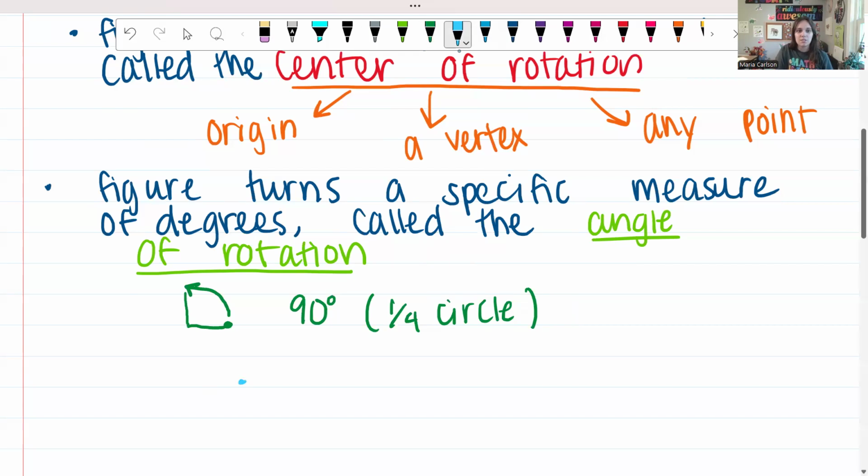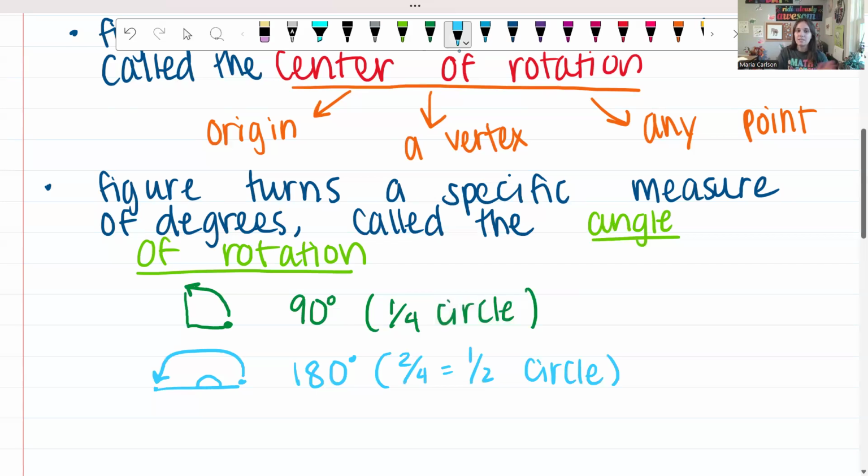So if your point spins 180 degrees, it has spun 2/4 or half of a circle. And this is the same whether you go clockwise or counterclockwise. You're going to end up at the same spot. 90 degrees clockwise versus 90 degrees counterclockwise are different directions, since you're only going a quarter of a circle, but with a half of a circle either direction, you're going to end up at the same spot.